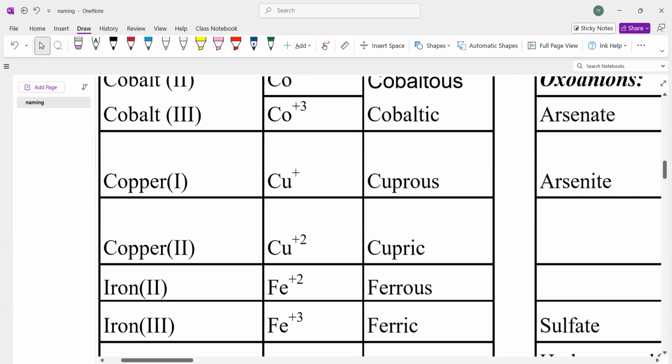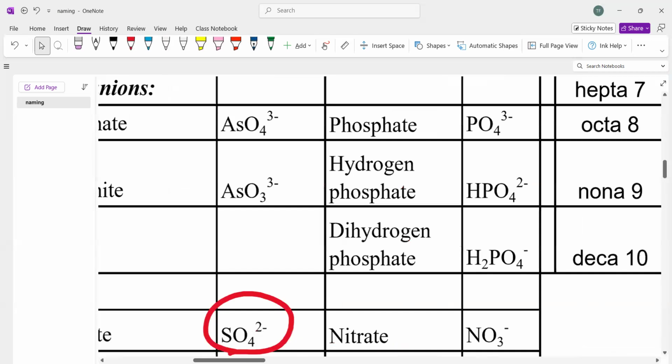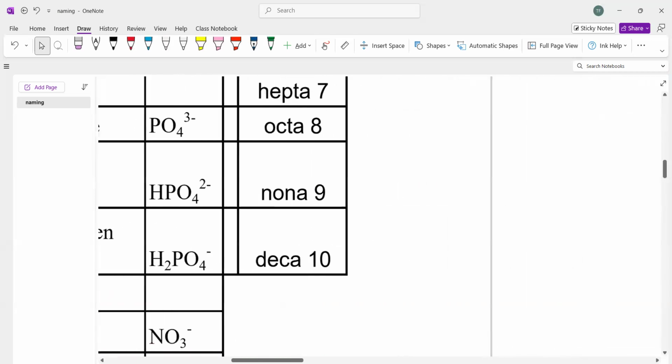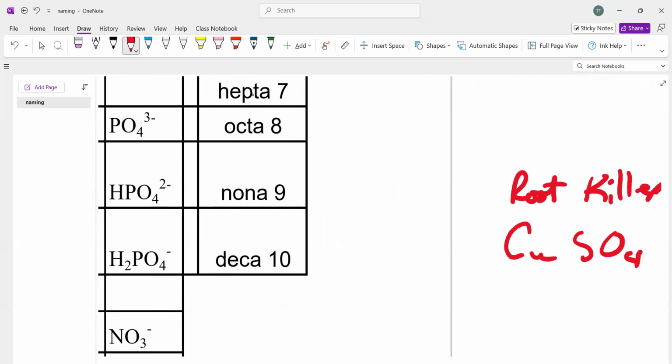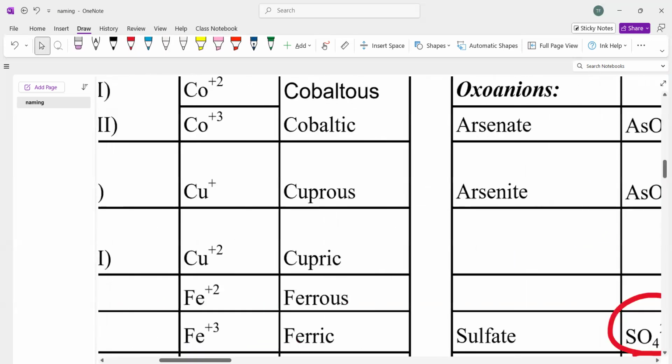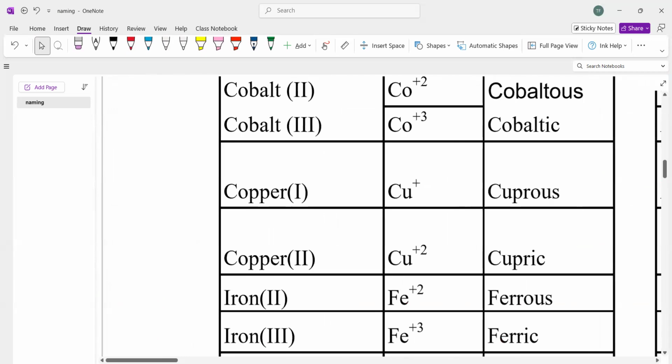And there's something called root killer. And this is what root killer looks like. Copper sulfate. But copper comes in many varieties. The most popular ones are +1 and +2.